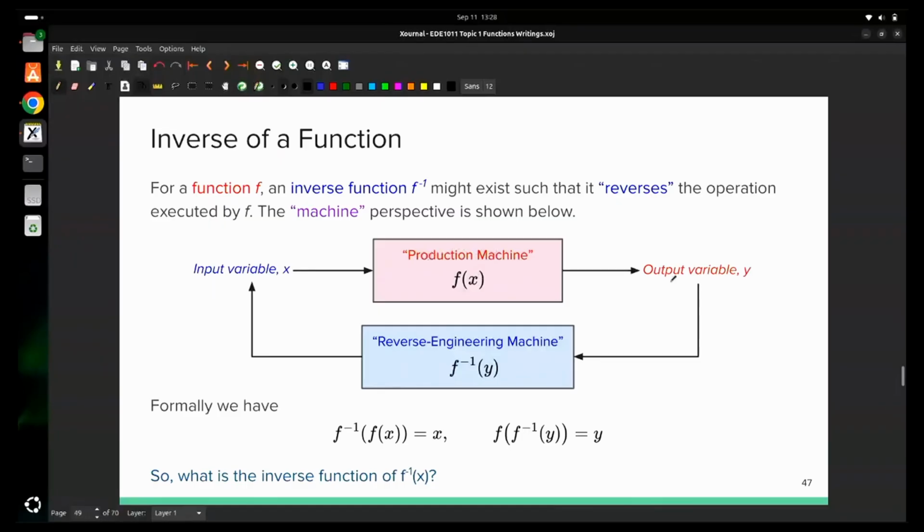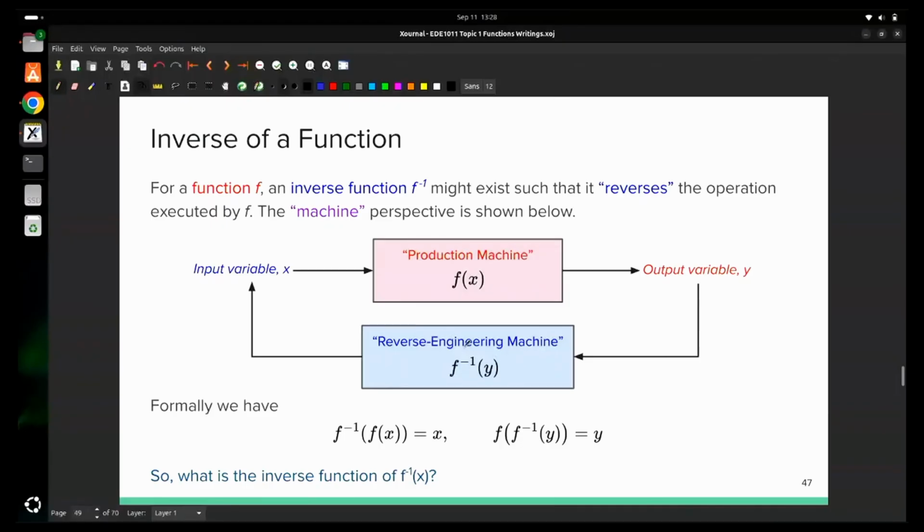Now imagine that you want to get the original input from that output. So there must be another machine that you can feed the output into such that it will reverse whatever this machine has done to get the original input. So the reverse engineering machine is called the inverse of the function, f inverse.